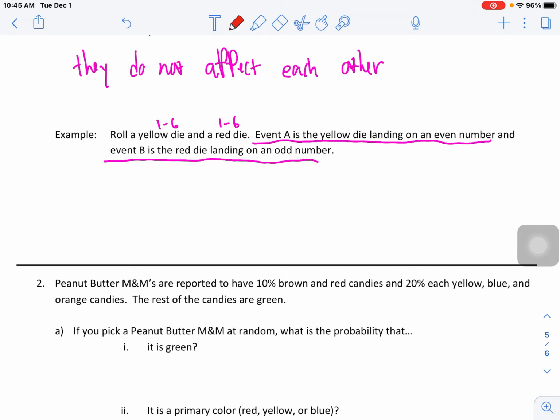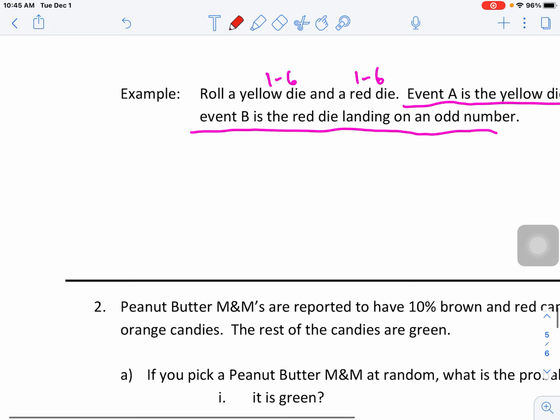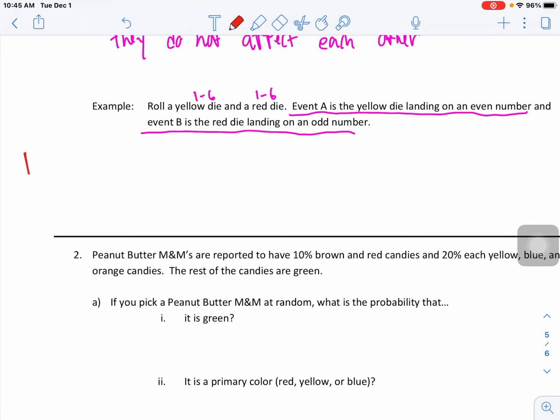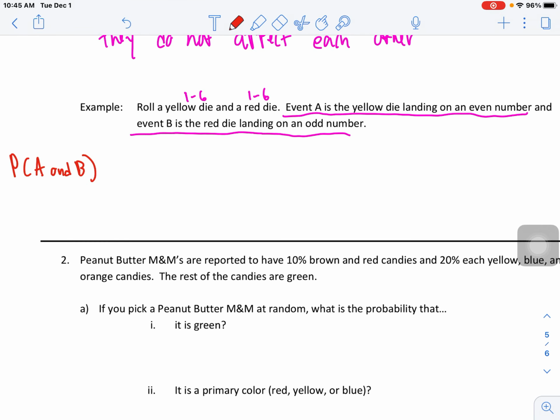Now for this example, it doesn't ask us anything, but let's just say we're looking at the intersection. Let's say I asked, what is the probability that both of these happen? What is the probability that event A and B happen?